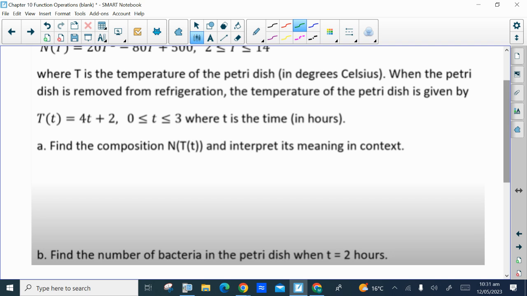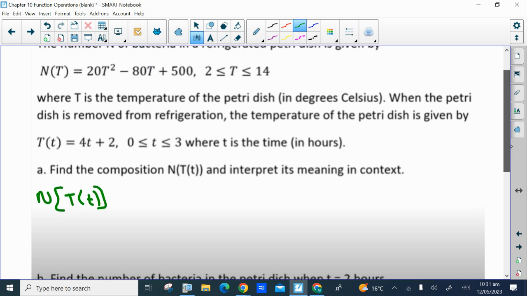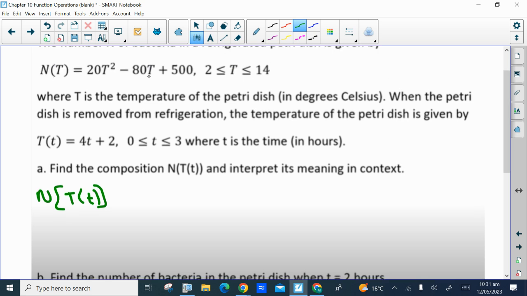Find the composition N at T at t. So this is where one function's embedded into the other, and you work your way from the inside out. So this means that capital T at t, which is your 4t plus 2, is embedded into function N. Wherever the variable is in N, which is capital T, you're going to replace it with 4t plus 2.